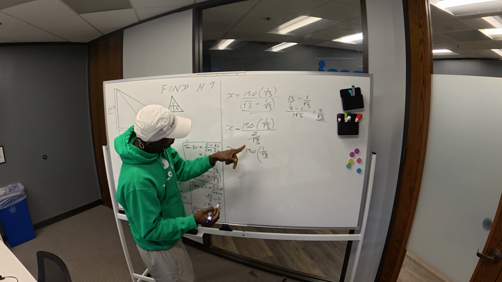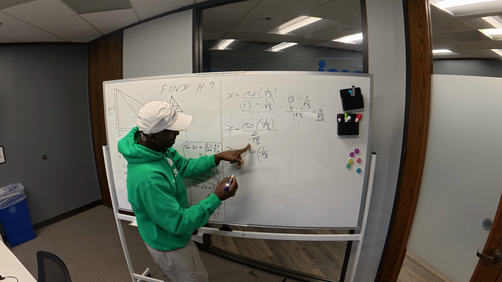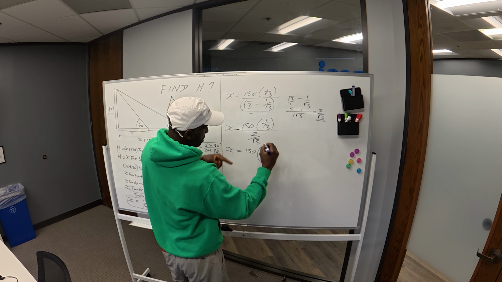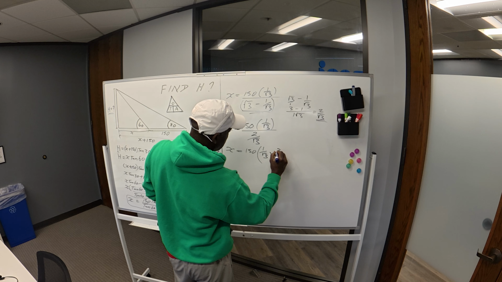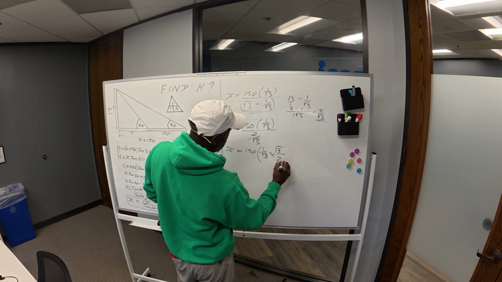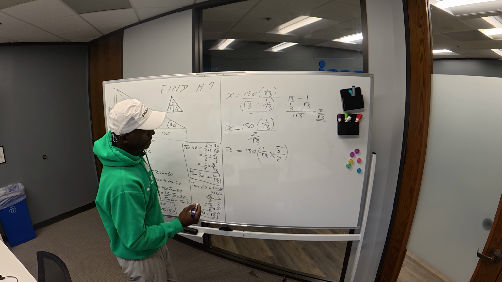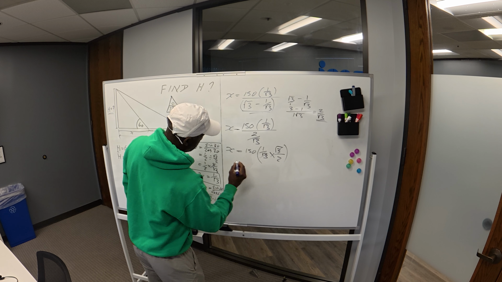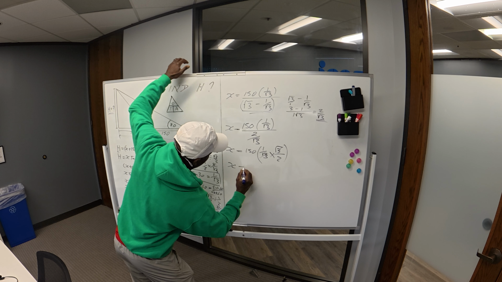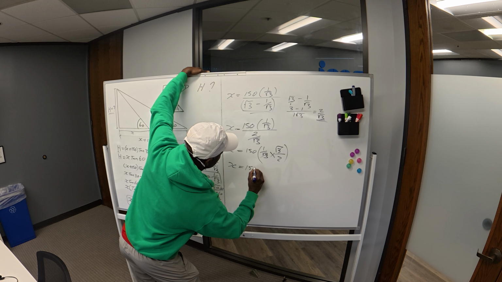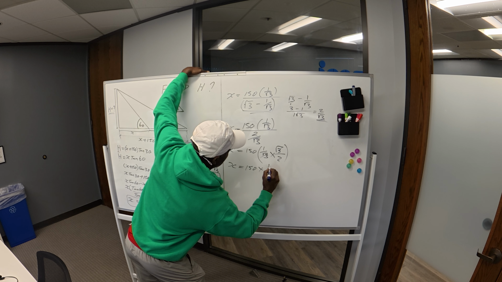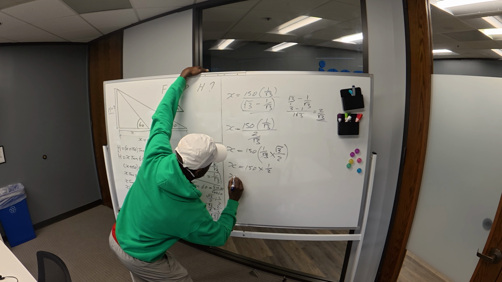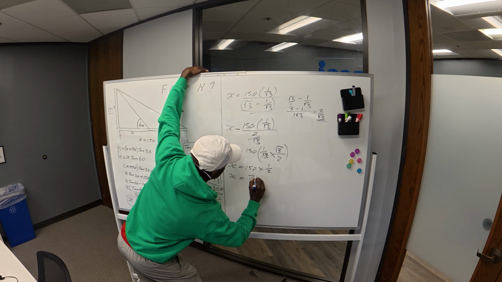And now, because this is divided, we invert it, so it is square root of 3 upon 2. And now this cancels out, so there's a half, so x now has to be equal to 150 times 1 upon 2, and x is now equal to 75.